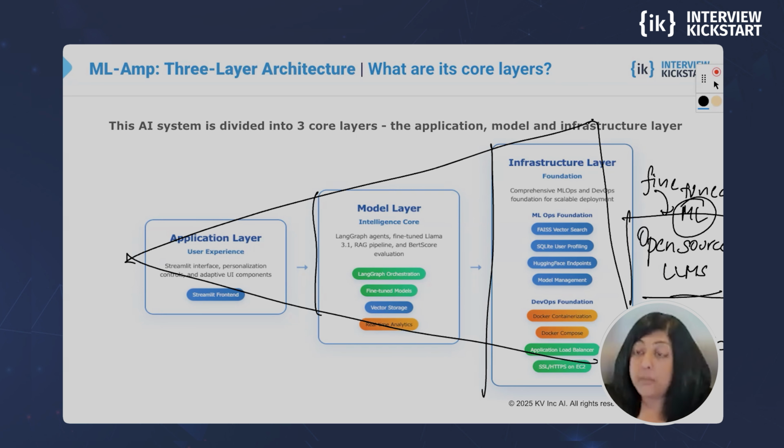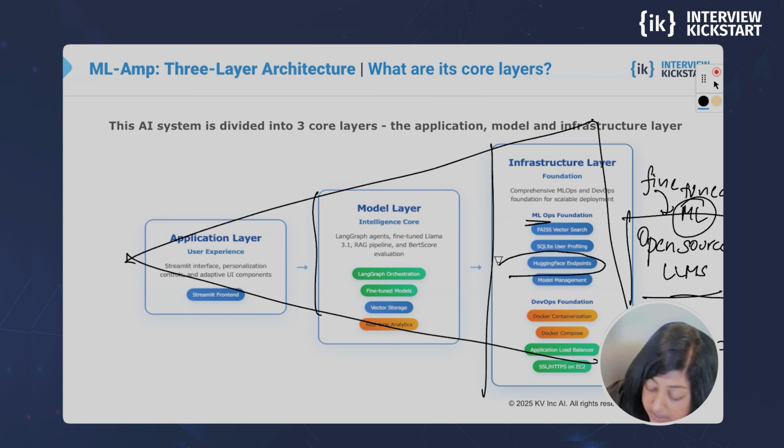Okay. And the models that I fine-tuned, I had to host them, right? Keeping in mind model optimization and model inference, because latency is a concern. So that's where MLOps comes into play. One of the aspects of MLOps is how do I account for model inference and optimizations?